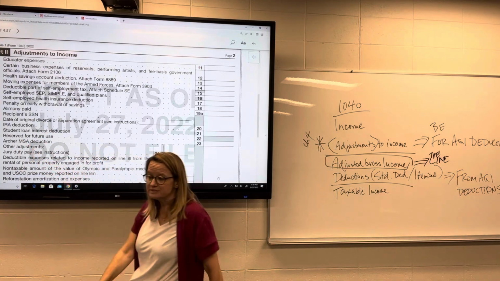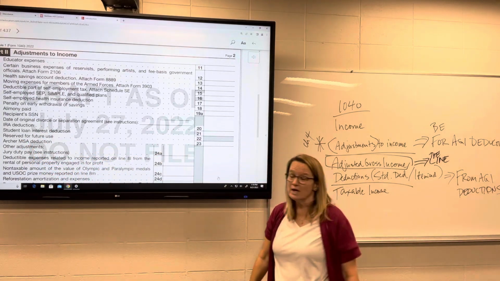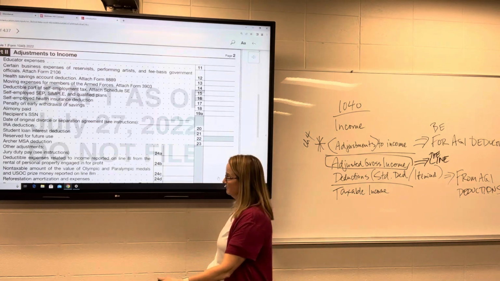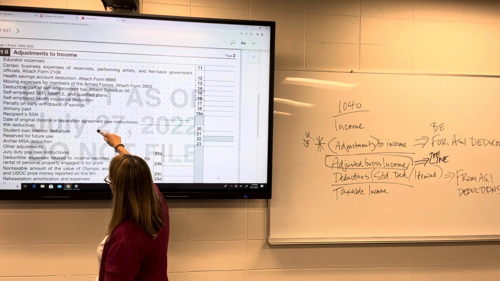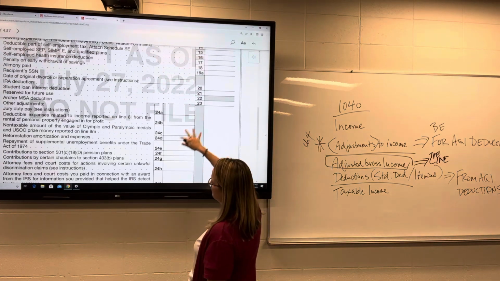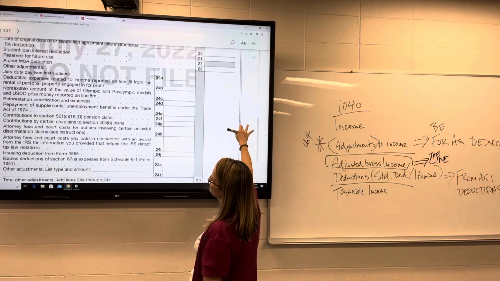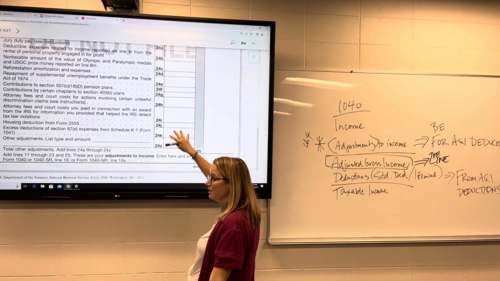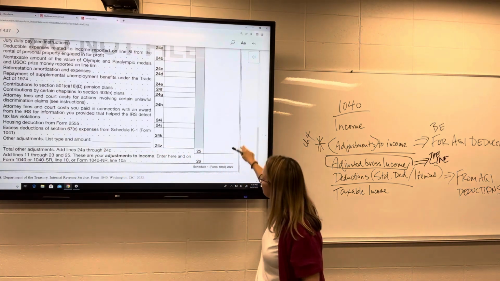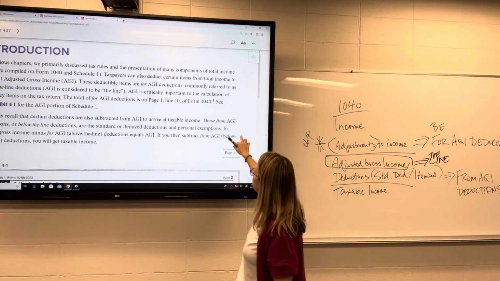Student loan interest deduction, we are going to look at that. So again, that's not payments for student loans, it's the interest on the payments for student loans. And then the rest of it is just miscellaneous, all sorts of different ones. But these are all deductions, adjustments that affect adjusted gross income.